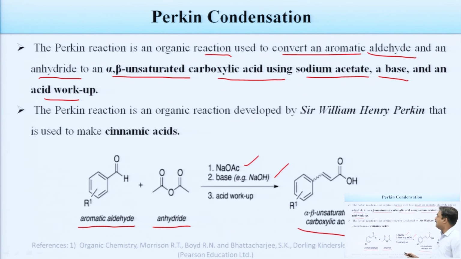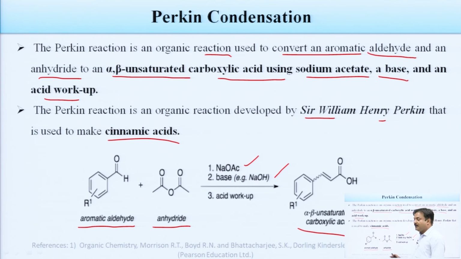The Perkin reaction is an organic reaction developed by Sir William Henry Perkin that is used to make cinnamic acid. So, this is the name of the scientist who discovered the Perkin reaction. He is responsible for the preparation of cinnamic acid.